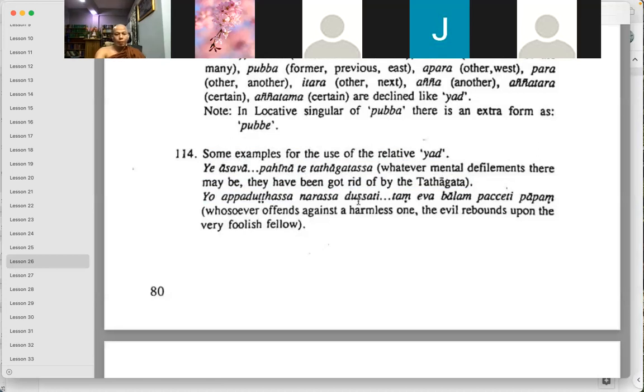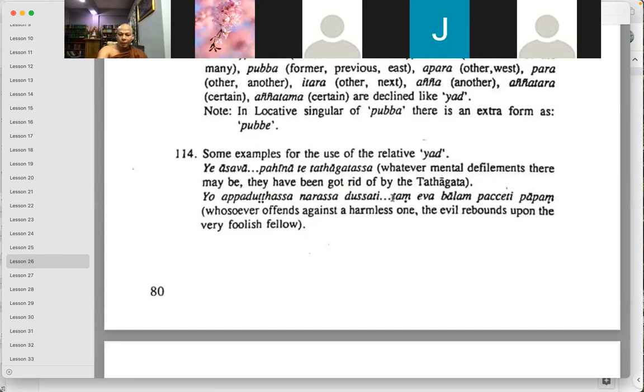So dussati, offends against or plots against. So narassa: appaduṭṭhassa narassa. So dussati is followed by the dative or genitive case. Last time also we already checked that one, like duhati or dussati. So whoever offends against a harmless one.